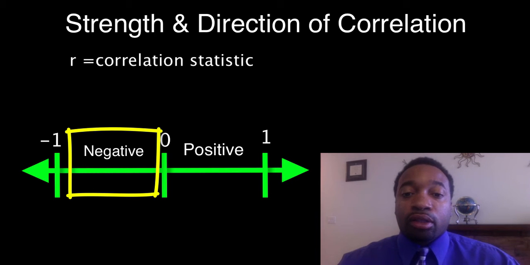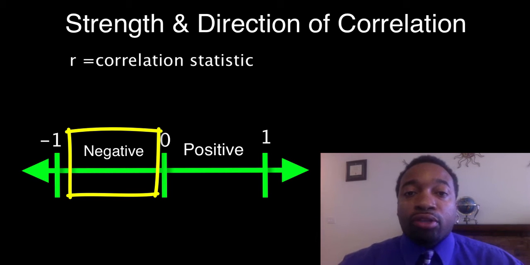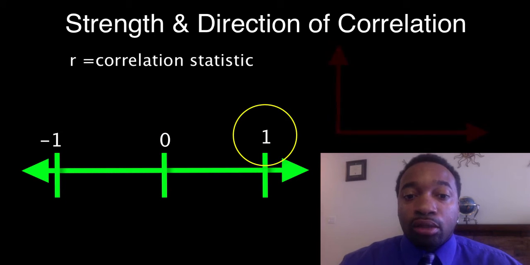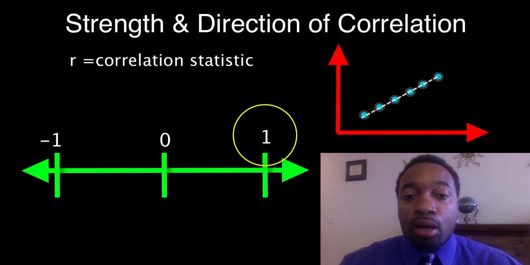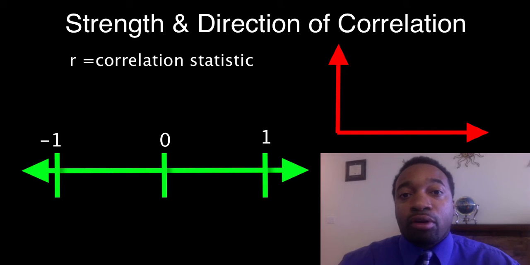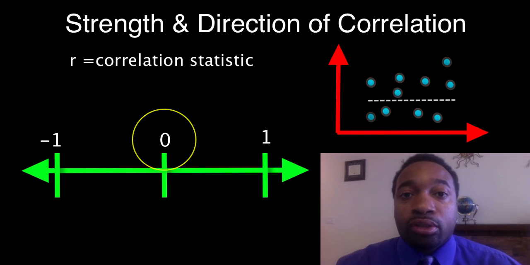And it turns out that the range of r, or the range of correlations, is between -1 and 1. So a correlation of 1 would be the strongest positive correlation that you can have. And of course, a correlation of -1 would be the strongest negative correlation you can have, and a correlation of 0 would of course be no correlation.